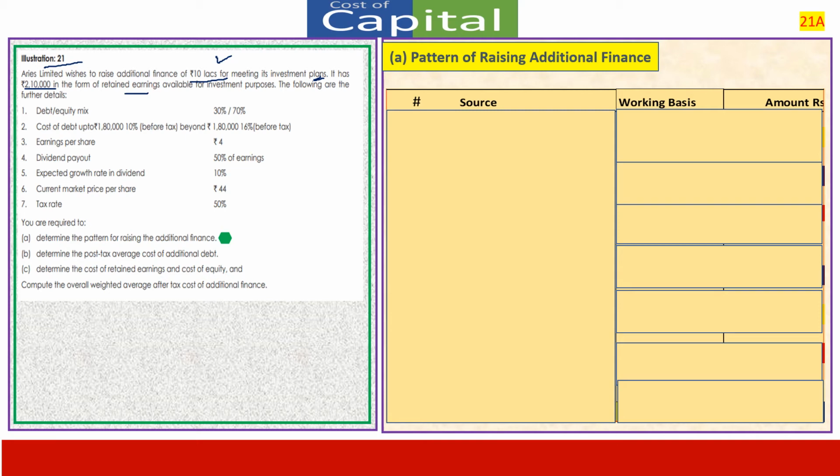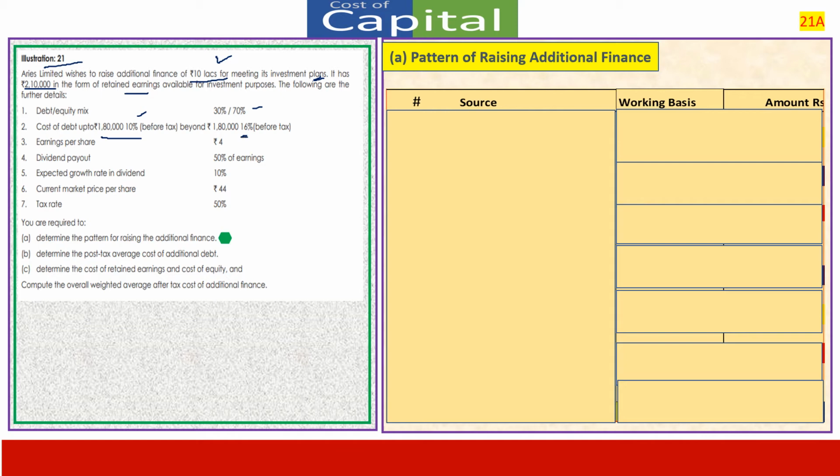The following are further details. They have a debt equity ratio, and for availing loan they have got 2 slabs. They say if you take loan up to 1,80,000 you will be charged 10%, and if you take more than 1,80,000, excess over 1,80,000 will be charged at 16%.